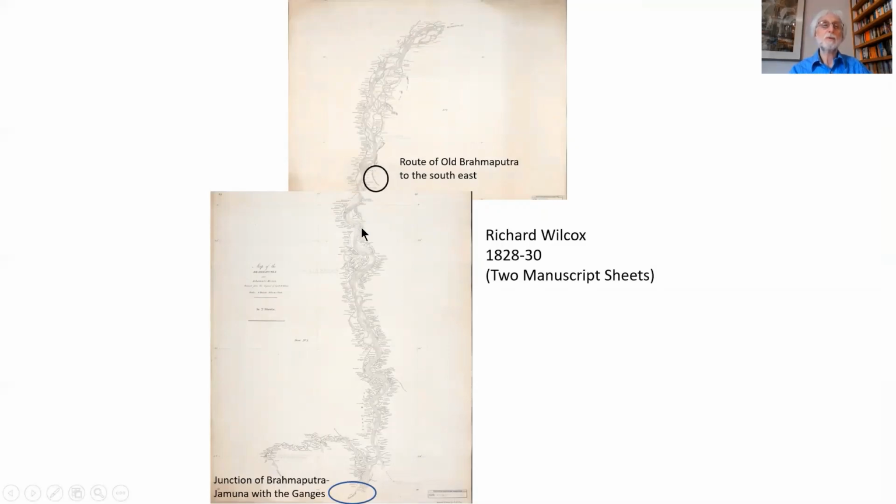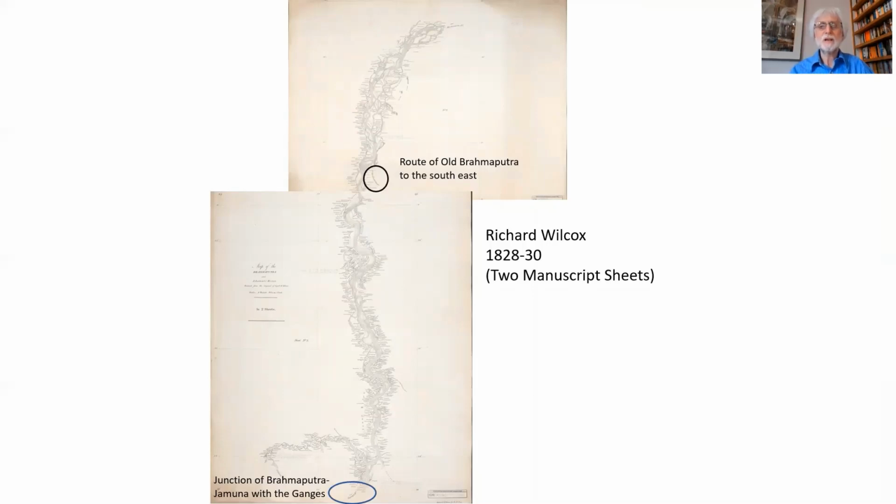But the Brahmaputra continues due south, and Wilcox had it joining the Ganges at the end of this highly braided southerly oriented route. So in 1828, the river, the Brahmaputra, was pretty much what it is today.